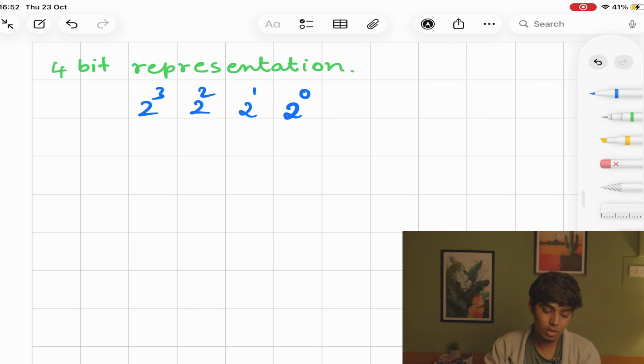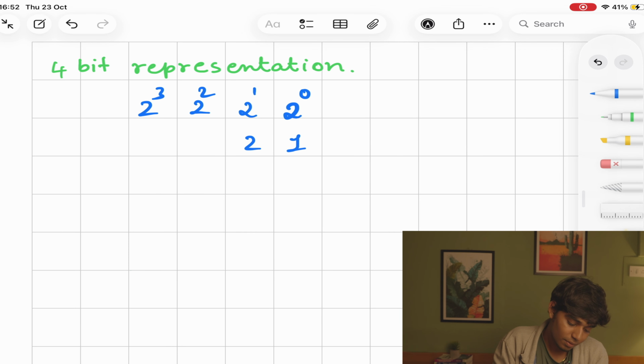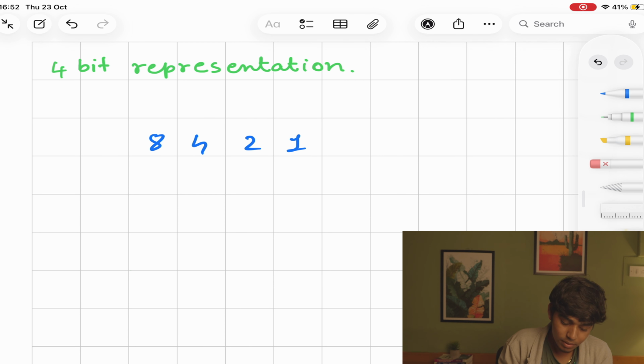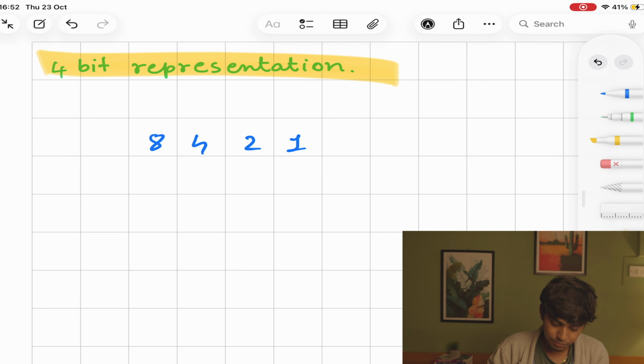So I am using 4 switches here, which is a 4-bit representation. All these powers I have written here are nothing but switches. So 2 to the power of 0 is nothing but 1, then we have 2, then 4 and 8. This is nothing but a 4-bit representation.